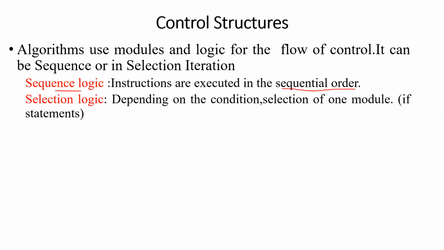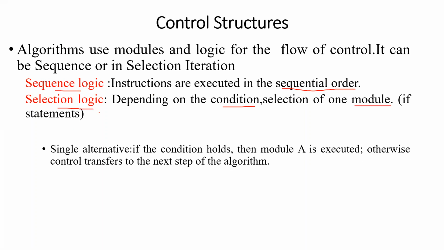If the execution depends upon a particular condition, executing one module, it is known as selection logic, just like our if statement, right? Depending on a particular condition, if this is satisfied, we know how to write different conditions. If, else, right? We have executed many programs like that. So depending upon a particular condition, if you want to skip some module and execute a particular module, you may go for the selection logic.